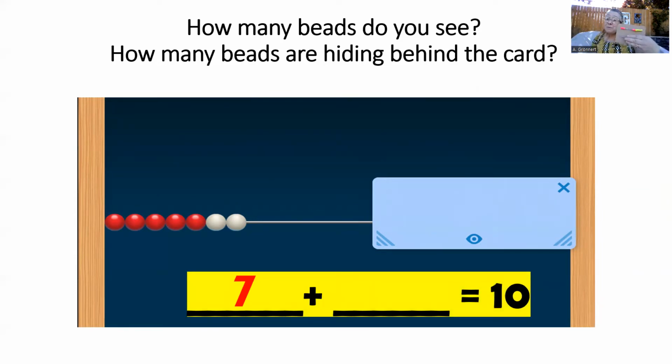And if there are 7 beads, how many more beads do we need to make 10? You got it, 3. How did you know that? Oh, that was so smart. You made it on your number rack. So cool. Let's read that make 10 equation now. 7 plus 3 equals 10. Okay, now write that equation down.